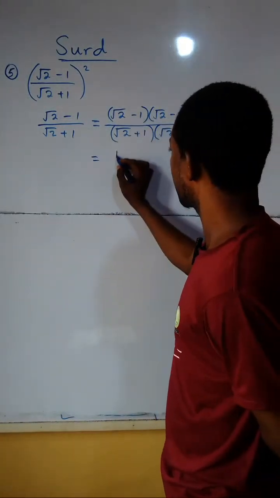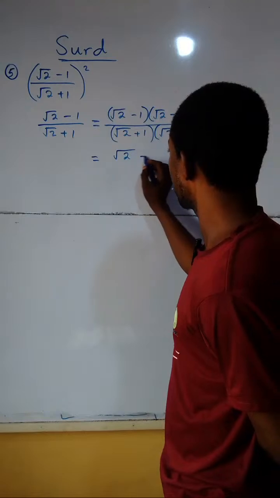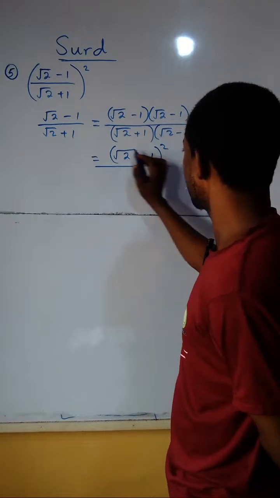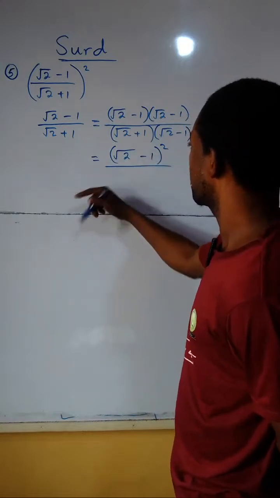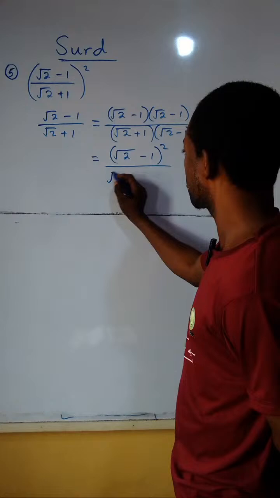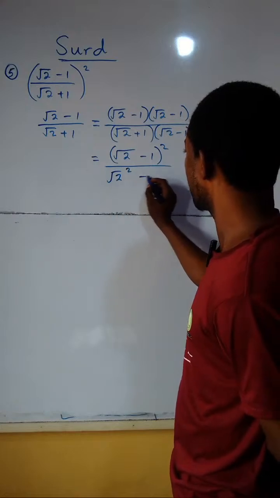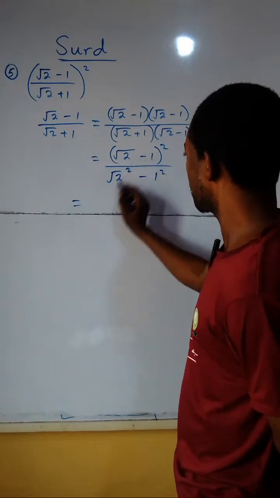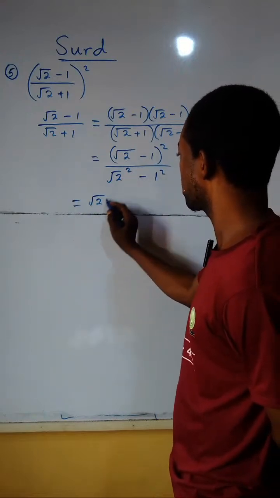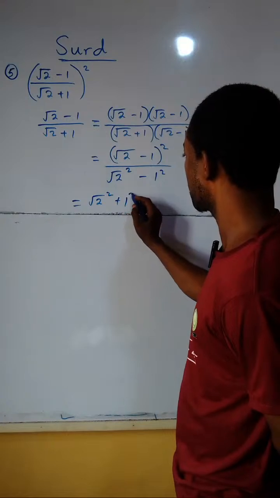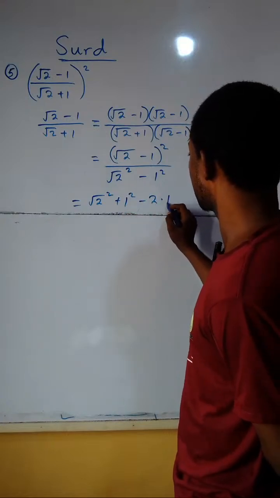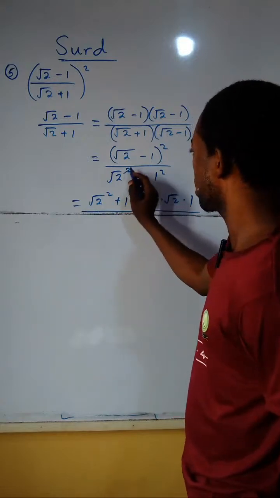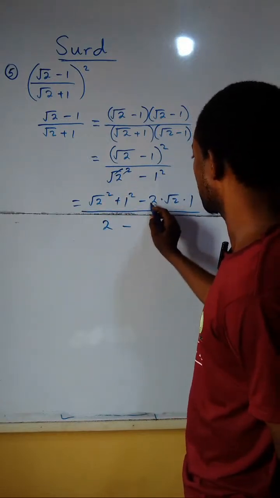Same thing inside the bracket, so we can write it as root 2 minus 1 all squared, then over here, as well, these are conjugate surds, so we have root 2 squared minus 1 squared. And the expansion up here becomes root 2 squared plus 1 squared minus 2 times root 2 times 1, divided by, square cancels square root, we have 2, then minus 1 squared, that's 1.